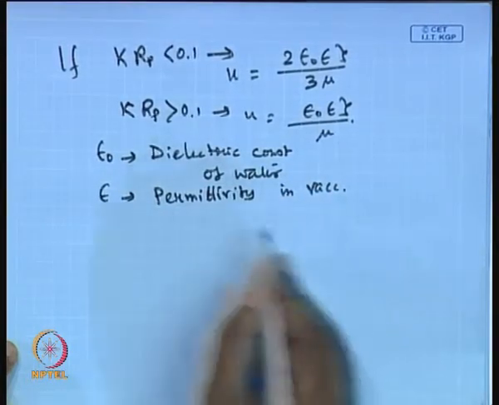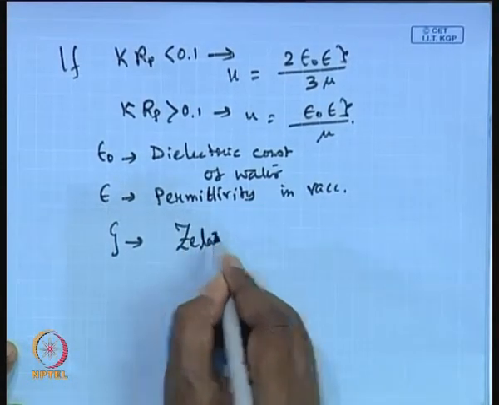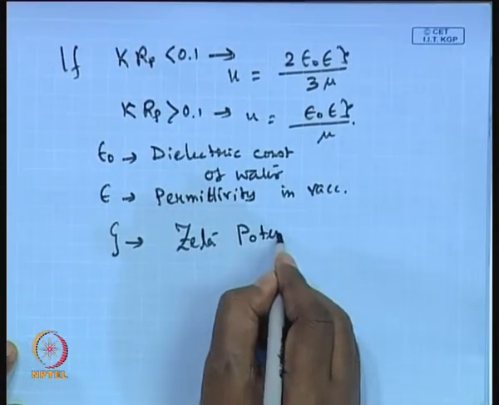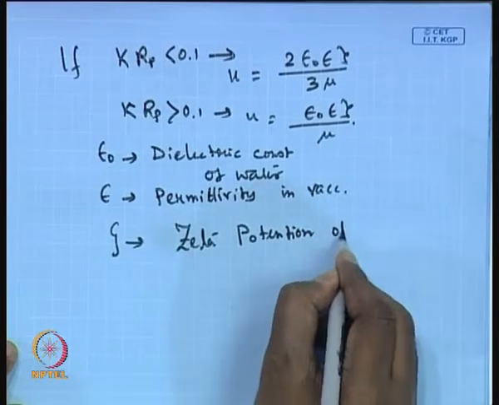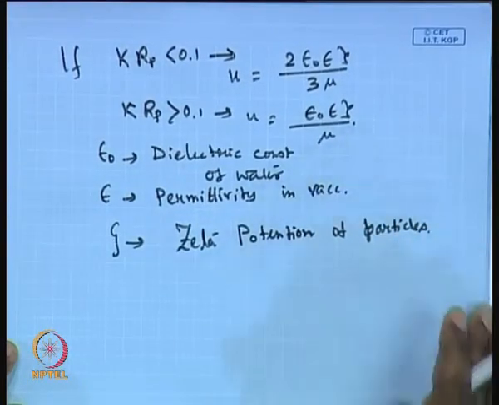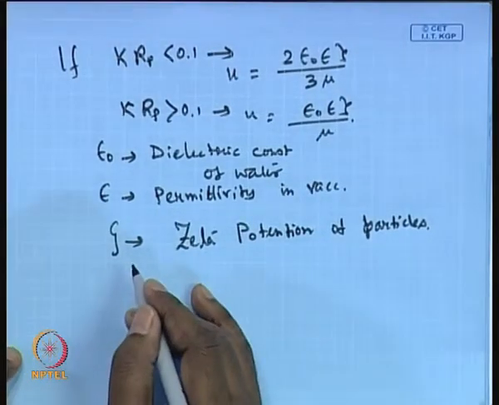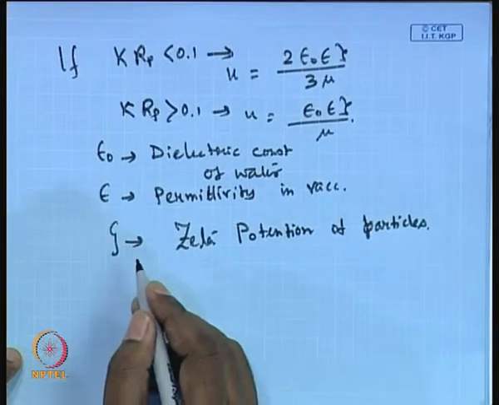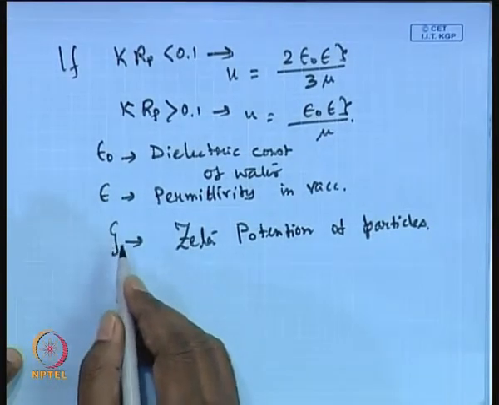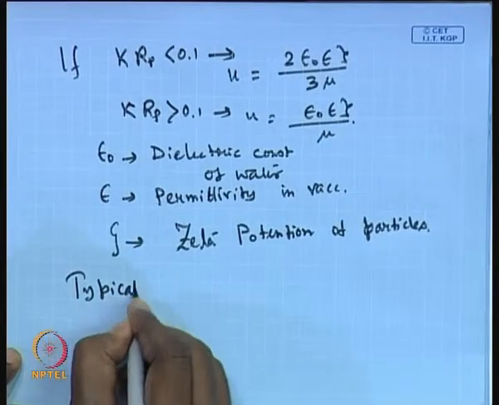And mu is the solution viscosity, and zeta is the zeta potential of the particle. We already covered the definition of zeta potential and how it is measured in a liquid solution. Now, the typical value of the electrophoretic mobility in free solutions will be in the order of 10 to the minus 8. Okay. So, this is the typical value of electrophoretic mobility.